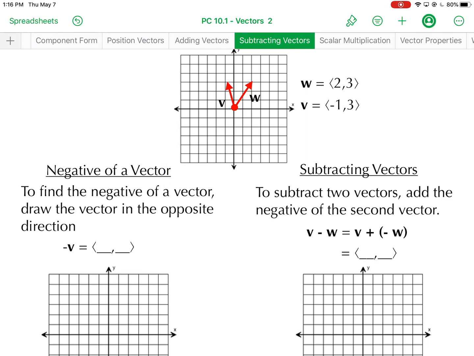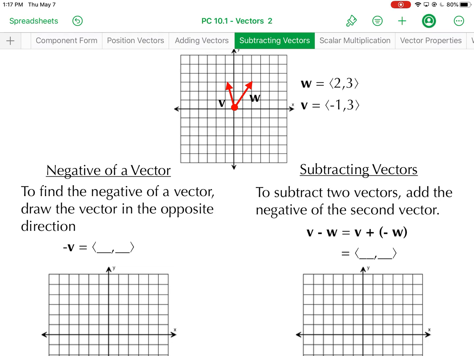And I'm using the same 2 vectors that I did in the previous example here. In order to subtract 2 vectors, you first have to have the concept of the negative of a vector, okay? So I'm going to start by finding the negative of vector V. To do that, you simply draw the vector in the opposite direction, okay?